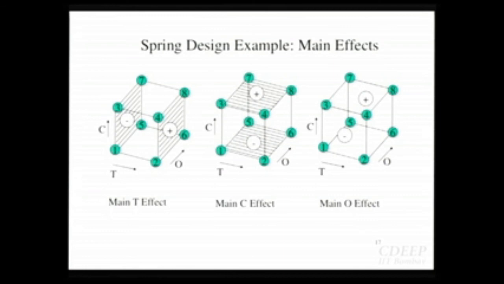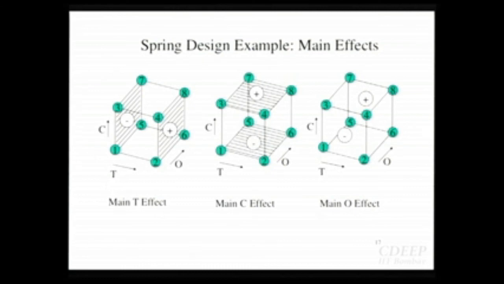So essentially, add your responses at the corresponding vertices on the plus side, subtract the values obtained at the vertices in the negative plane, divide by 4, and you will get the effect of temperature, similarly the effect of carbon, similarly the effect of oil, and these are called the main effects.